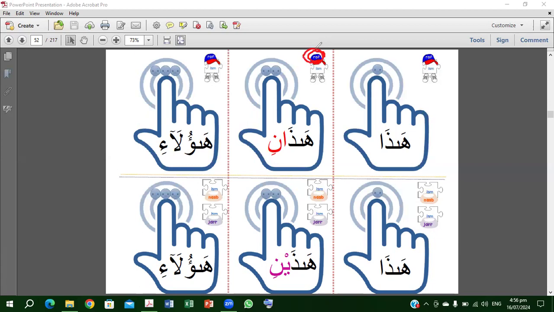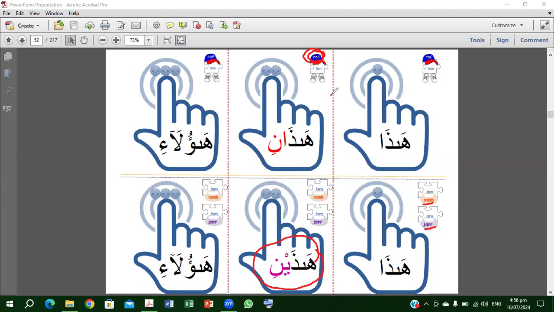So in the status of Rafa, it is Hada, Hadani, Haulai, but in status of Nasab and status of Jar, only this one is changed. That was written: pointers are non-flexible except for pairs. Remember this statement we read in the previous slide. So this is the pair.